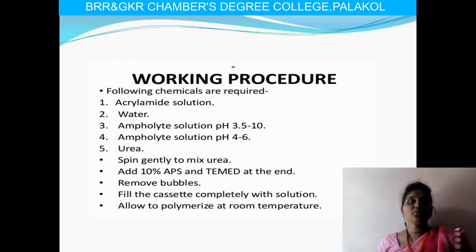We have to remove some of the bubbles, fill the cassette completely with the solution and allow it to polymerize at room temperature. First we take the chamber, then add some of the solutions along with water, and adjust the pH to 3.5 to 10, and add urea to it.